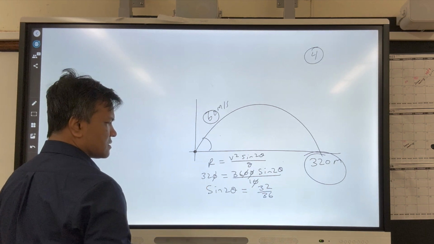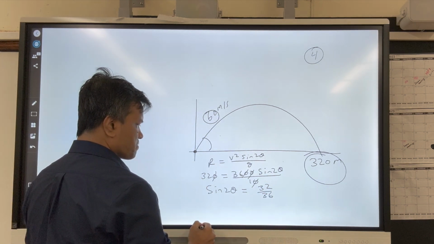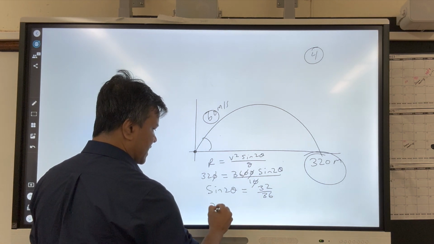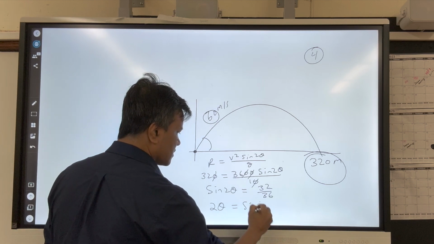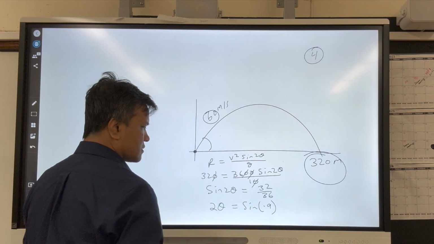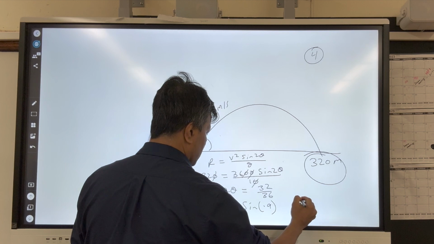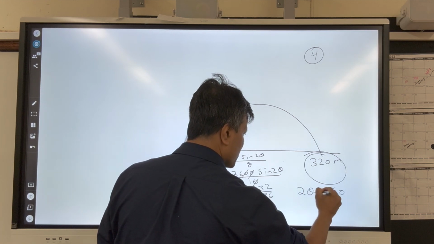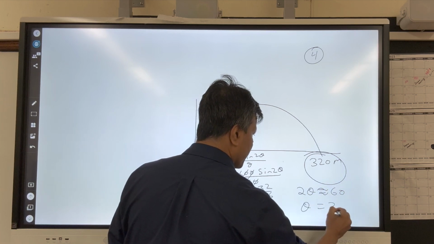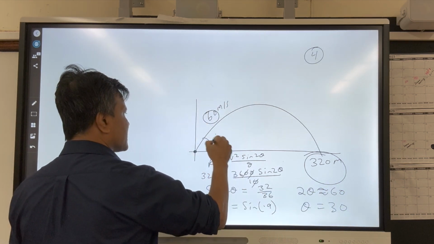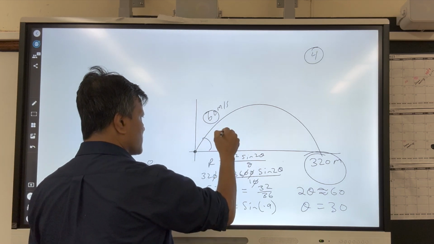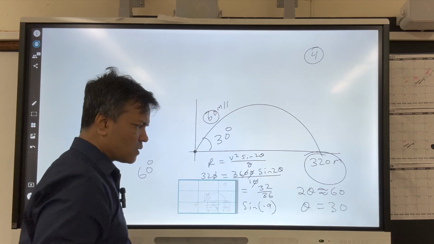All right. Okay. So 2 theta is equal to sine inverse 0.9. So 2 theta is close to 60. So theta is equal to 30. So 60 degrees will allow him to accomplish this goal, or 30 degrees will also allow him to accomplish this goal.